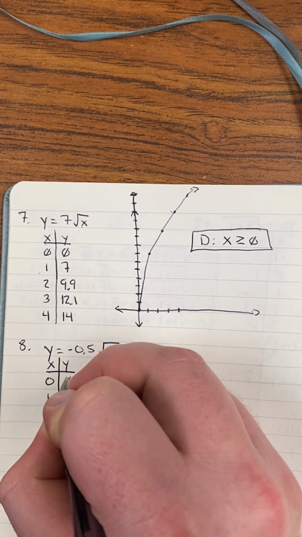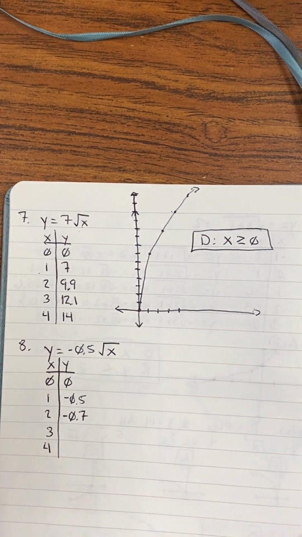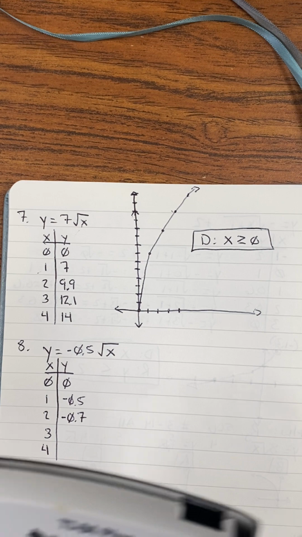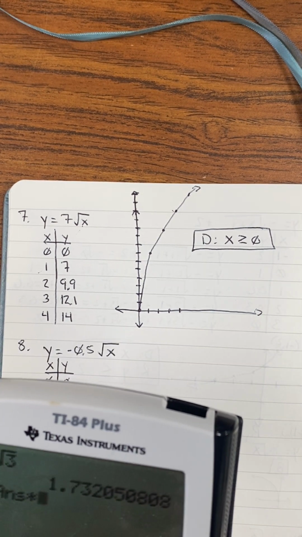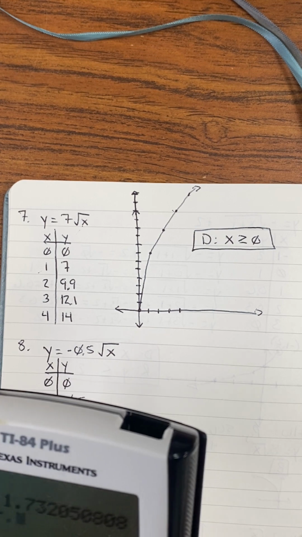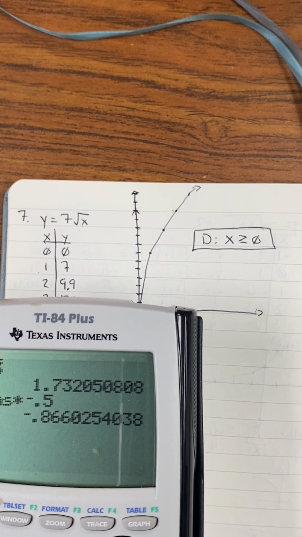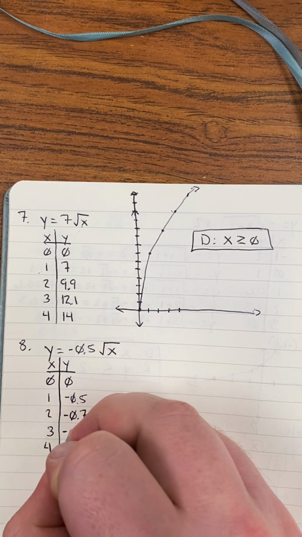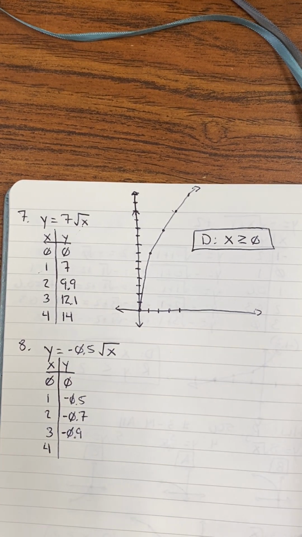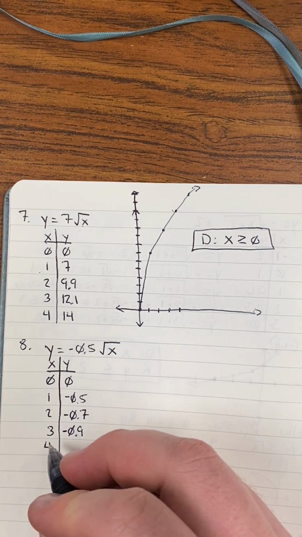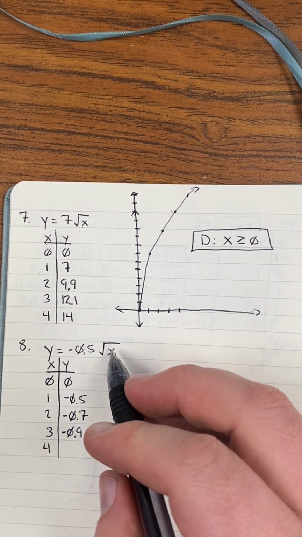I'll put dashes through these zeros. Okay, and then next we got square root 3 times negative 0.5, negative 0.9. And then finally, I don't need to solve this one on the calculator.